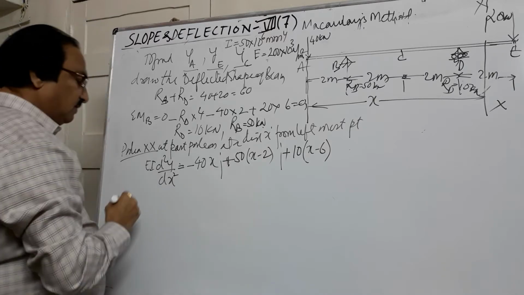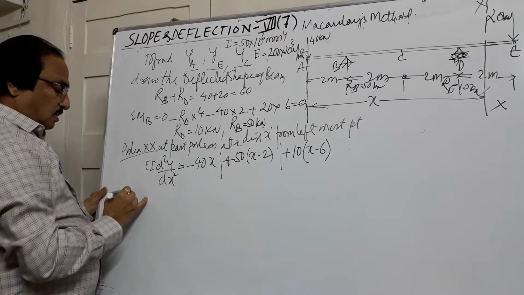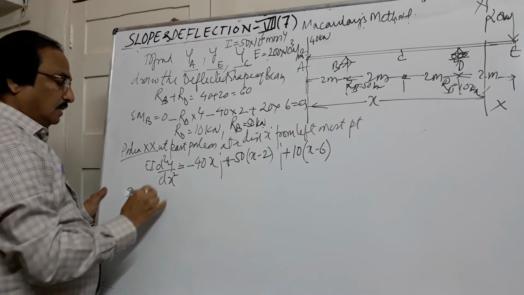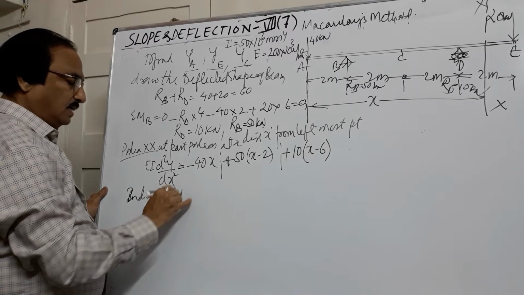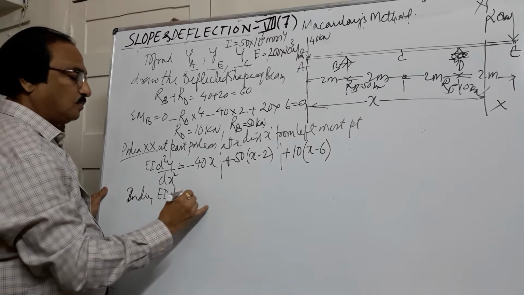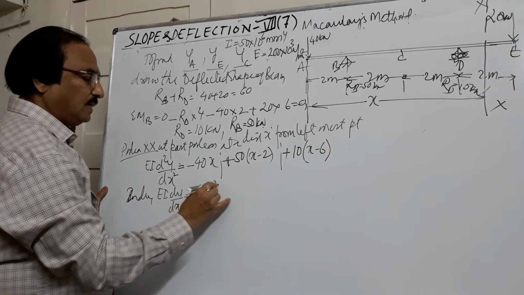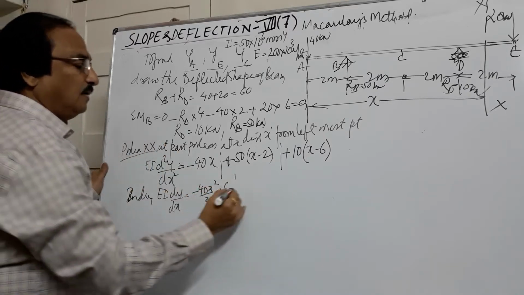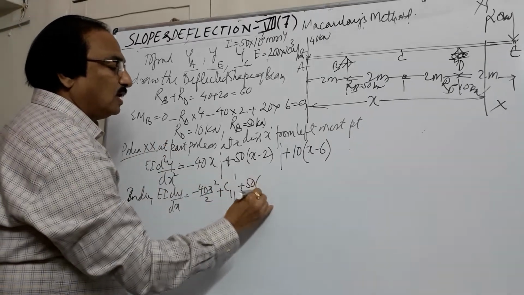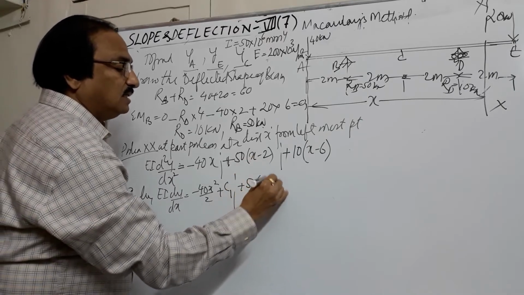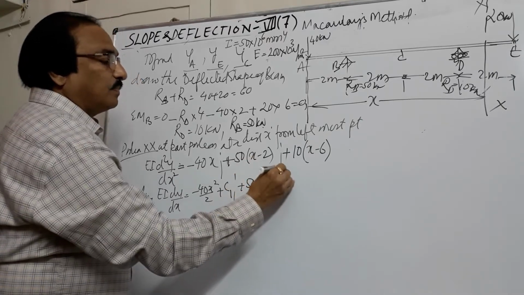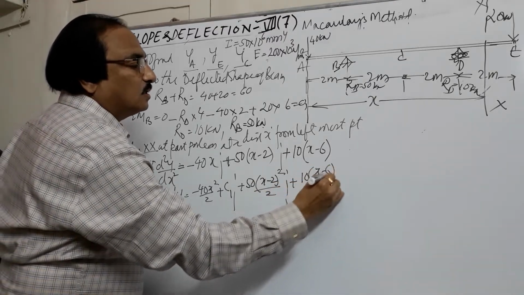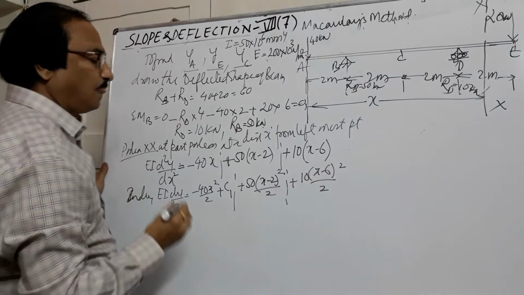So once you write this equation, we can go for integrating. EI dy by dx is equal to minus 40 x square by 2 plus C1, constant of integration in the first portion only, plus 50 into, so as per Macaulay's method you will have to integrate this as whole, plus 10 into x minus 6 raised to 2 divided by 2.